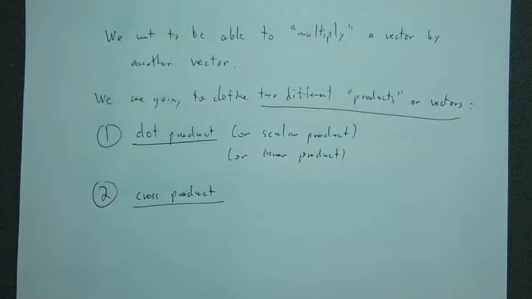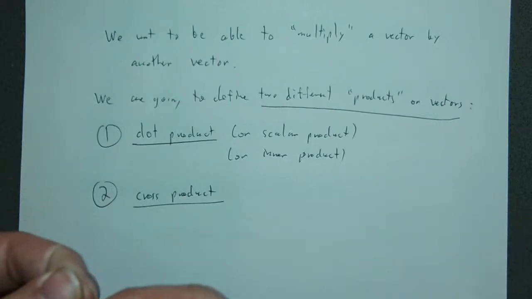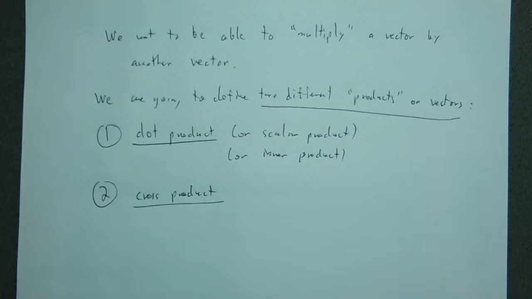I take two real numbers, I multiply them together, I get a real number, and that always works like that. And so the dot product, unfortunately, is not closed in that way. I take two vectors and I multiply them together via the dot product, and what I get is a scalar. It's not a vector, it's a scalar, and that's why it's called the scalar product sometimes as well.